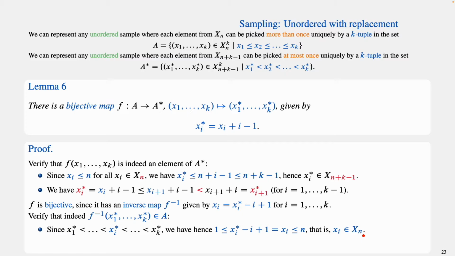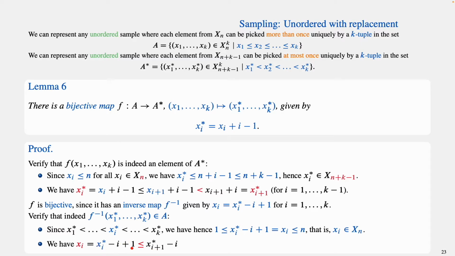That's good so far. And now we also need to check that they satisfy this inequality here. So we have xi, which by definition now is xi star minus I plus 1. We know that xi star is strictly less than xi star plus 1. And so it's at least 1 less.